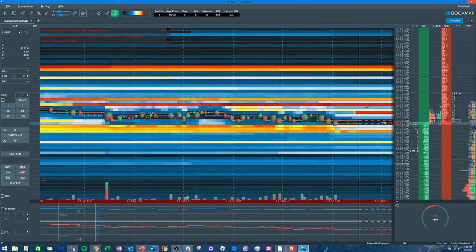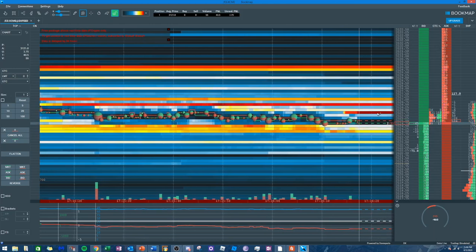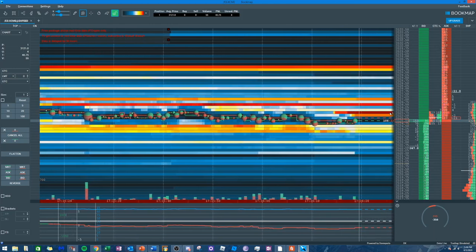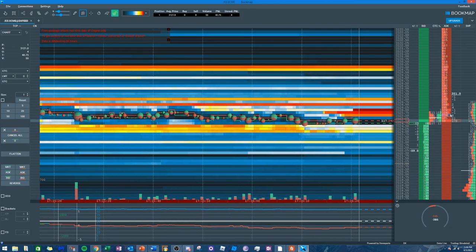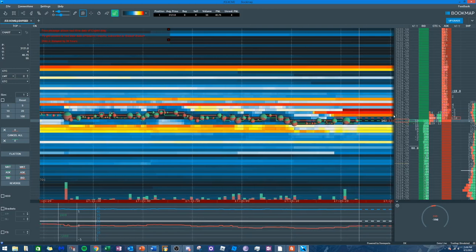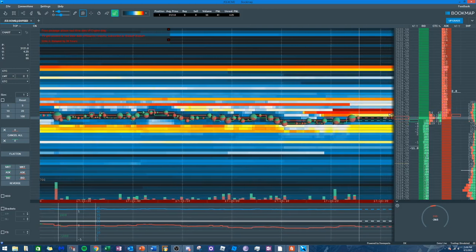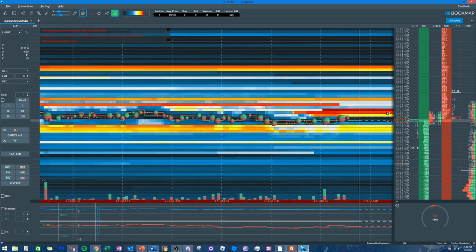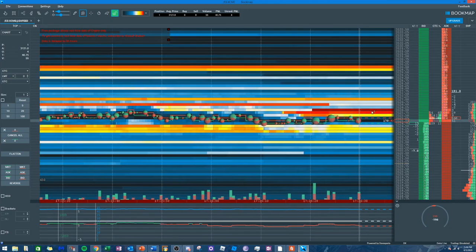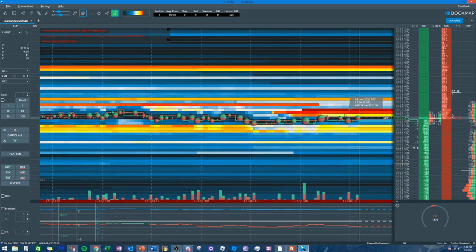So you can see right here we've got a strong band of resistance, so to speak, because there's 335 sell orders hanging out right at this price level. How this helps us is that we know this particular area is going to provide a lot of resistance.